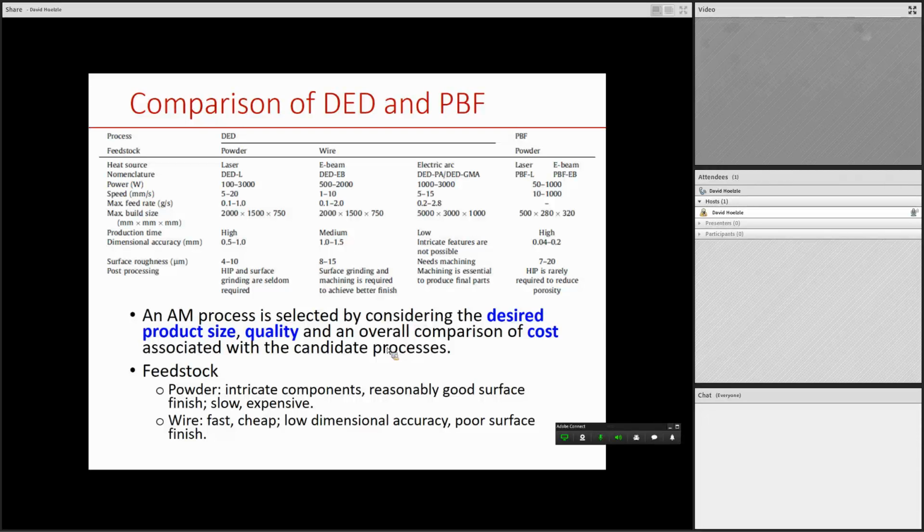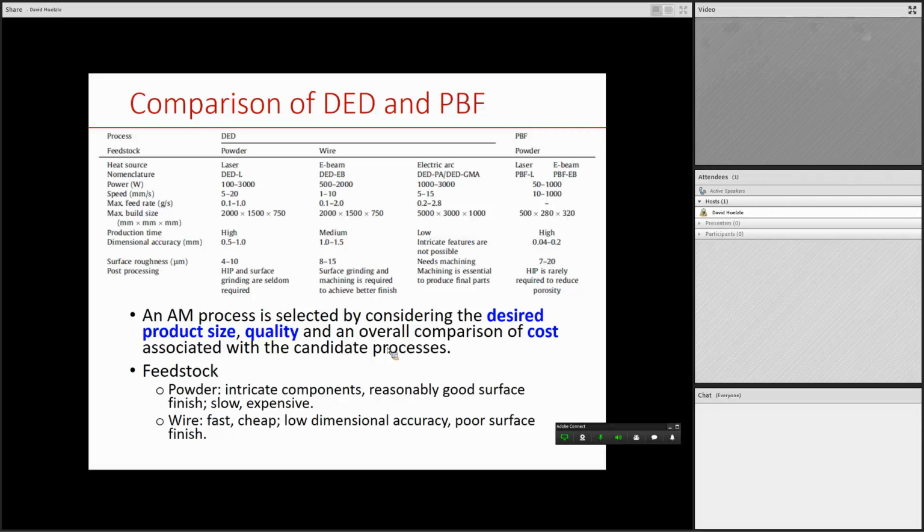One interesting difference is that when we have powder as the feedstock, the dimensional accuracy will be high, but the process with powder is slow and expensive. When we have wire as feedstock, it's fast and cheap, but the dimensional accuracy is lower, and the surface finish is poor.